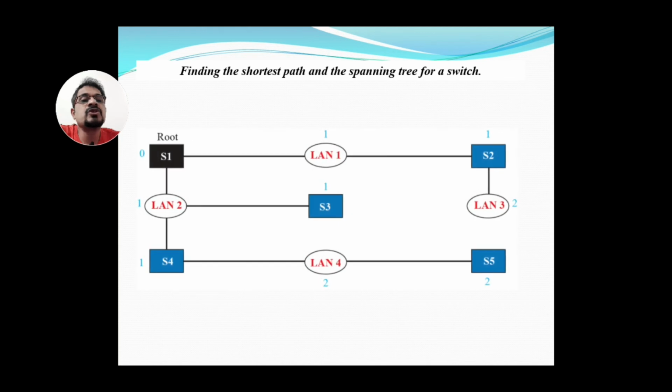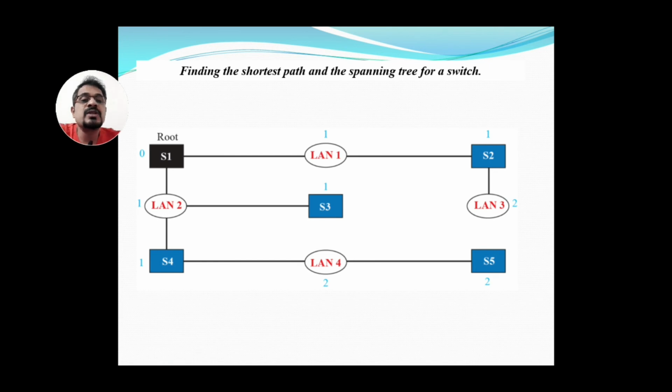So here is finding the shortest path. Now we consider that S1 is the root node, and for each node we calculate the shortest path. S1 can reach LAN 1 with a cost of 1, and LAN 3 with a cost of 2, and LAN 2 it can reach with a cost of 1. S3 can also be reached with a cost of 1, S4 also a cost of 1, and S5 and LAN 4 also a cost of 2.